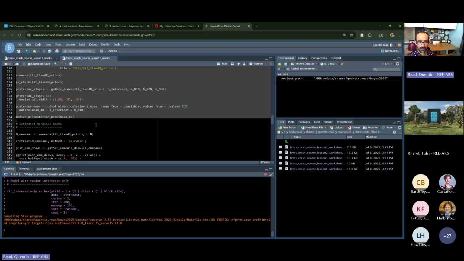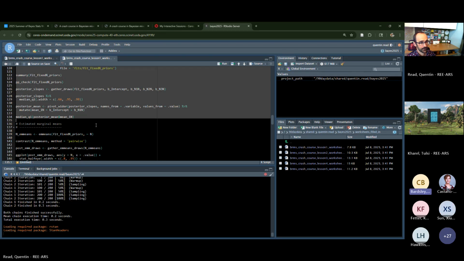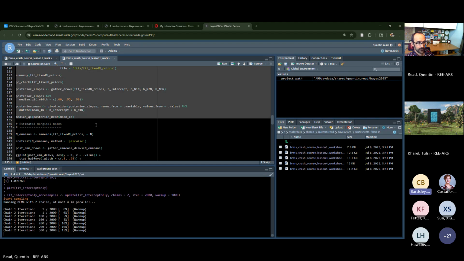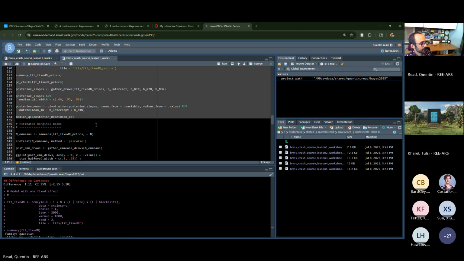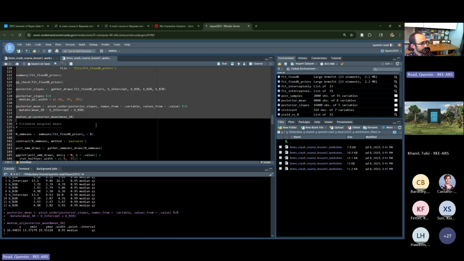Does anyone need help with that process? I'm getting the CMD stand path has not been set yet error. What line of code is that again? Did anyone else get that error? I got it as well.